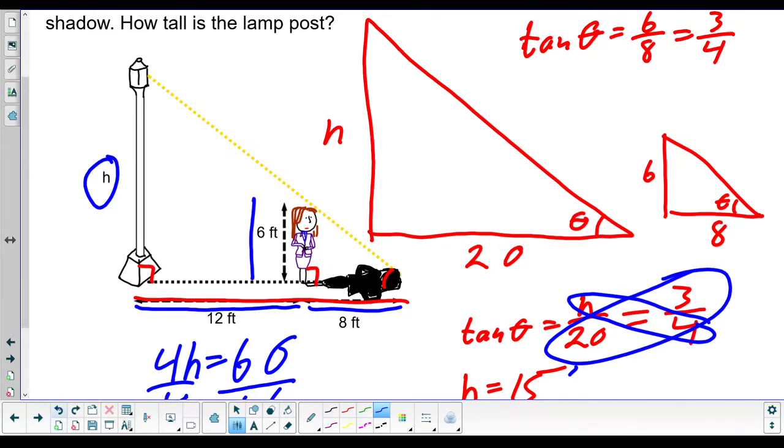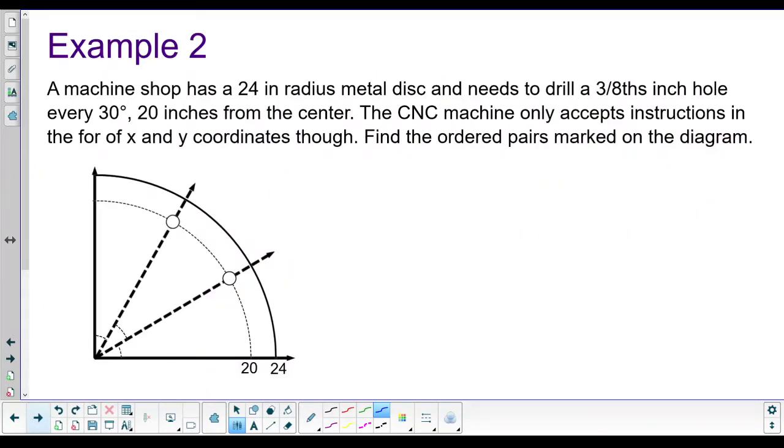All right, next example. All right, so example 2, it says the machine shop has a 24-inch radius metal disc. Reading is hard, you guys. And needs to drill a 3/8 inch hole every 30 degrees, 20 inches from the center. Okay.